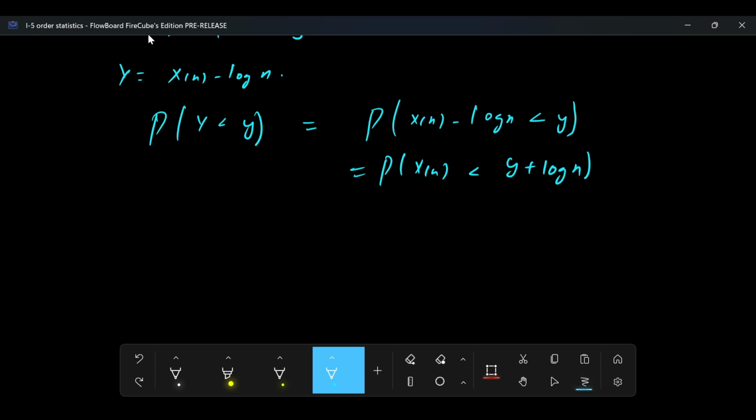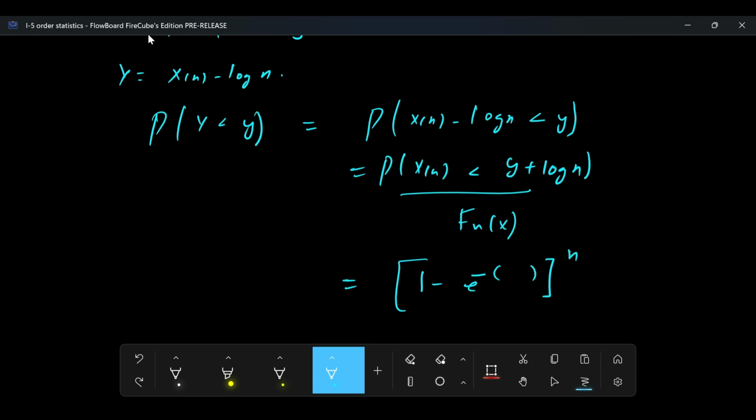This is F of nx, the CDF of xn. What was the CDF of xn? It is given in the question. That was 1 minus e minus x raised power n.